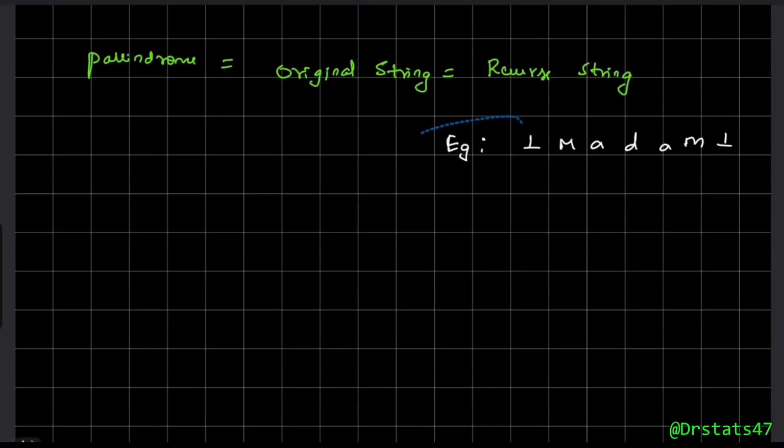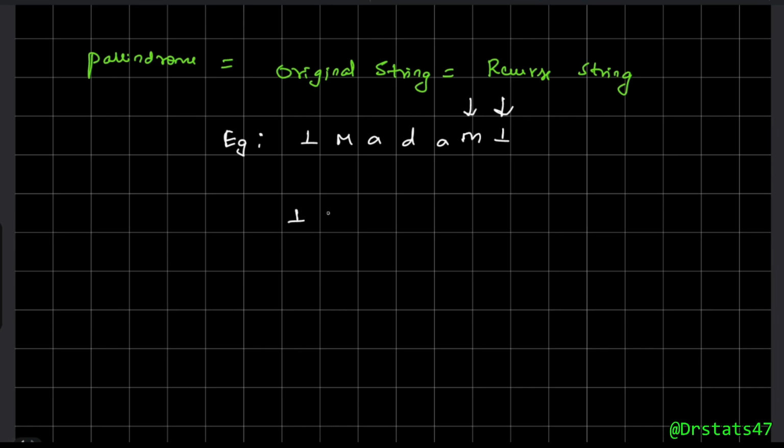When we consider this particular example and reverse it, 1 will be in the front, then m a d a, capital M, and 1. So both strings are not equal. Why?